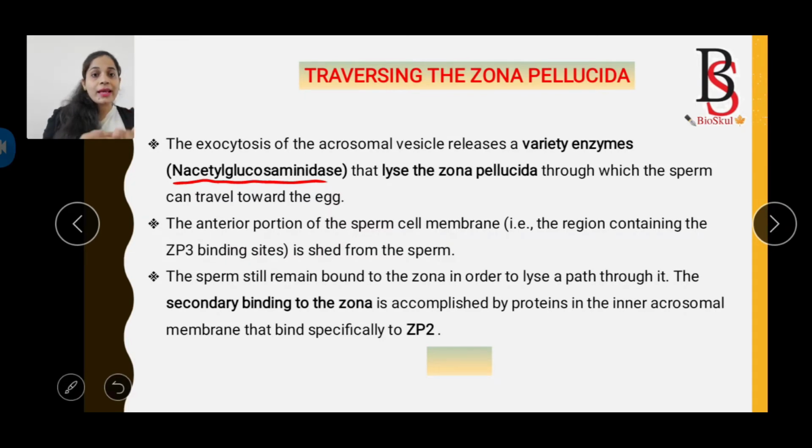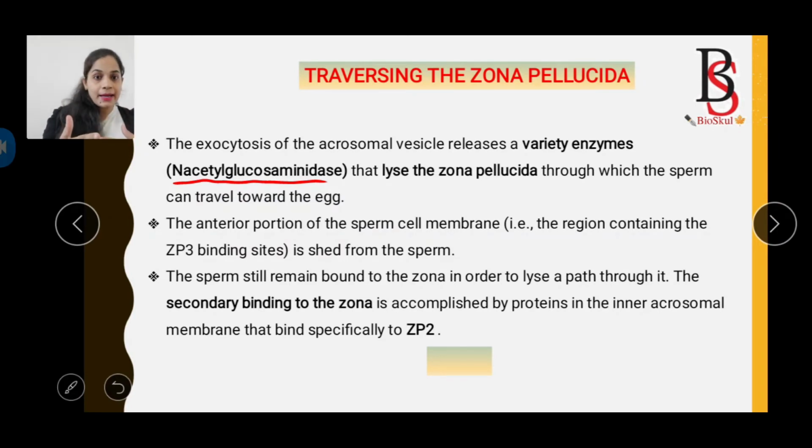So when the acrosomal reaction is initiated, the anterior portion of the sperm membrane that contains the region for binding to ZP3 is shed from the sperm. But the sperm still has to travel through the zona pellucida.